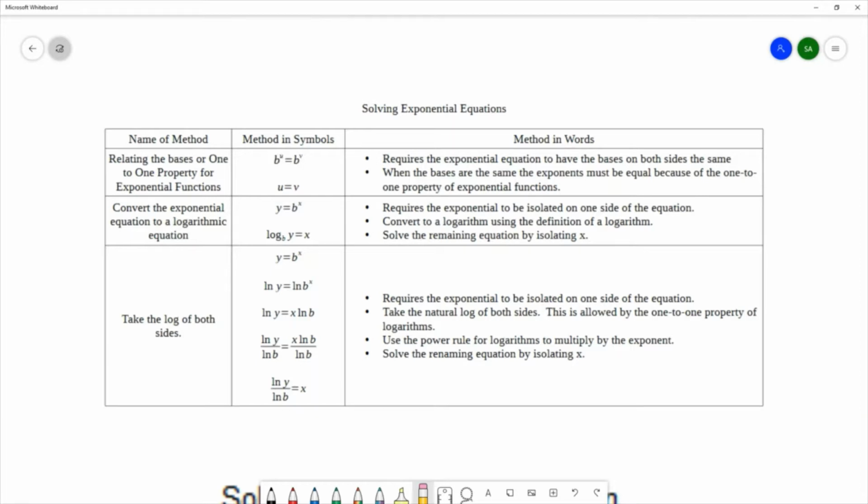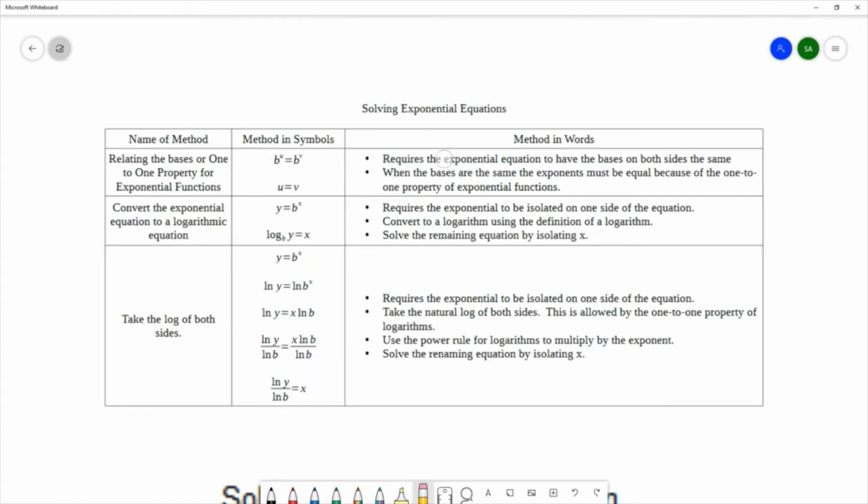And when you have that situation, this relating the bases or one-to-one property says that the exponents must be equal to each other. So it allows you to simplify the equation from an exponential equation to some other type of equation. So I wrote out some details in words.